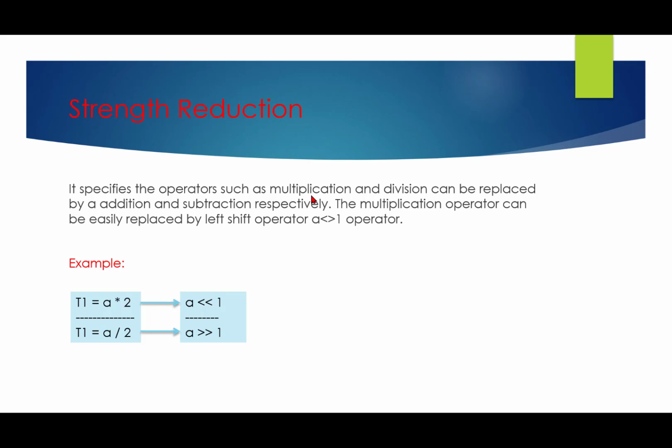For example, t1 equal a star 2, and the second example is t1 equal a division 2. t1 equal a star 2 will be rewritten with a left shift operator, a double left shift 1, and the division with a double right shift 1.